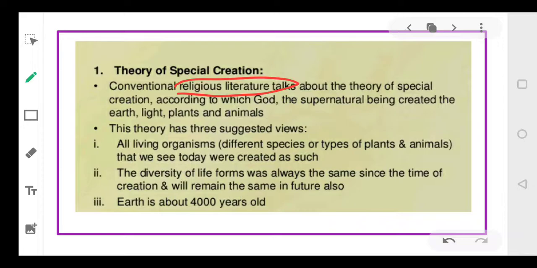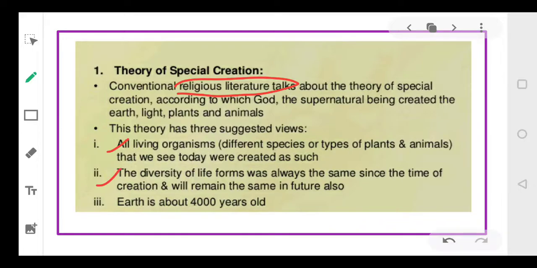So earth was created by the God, and this theory has suggested three views. First, it says that all living organisms that we see today were existing since then. जितने भी organisms आज मौजूद हैं, जितने भी plants हैं, animals हैं, they were present as such, they were formed as such by the God.